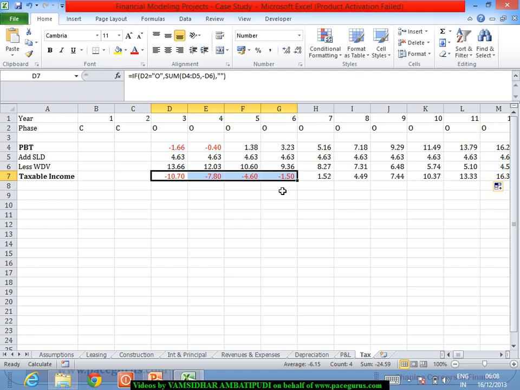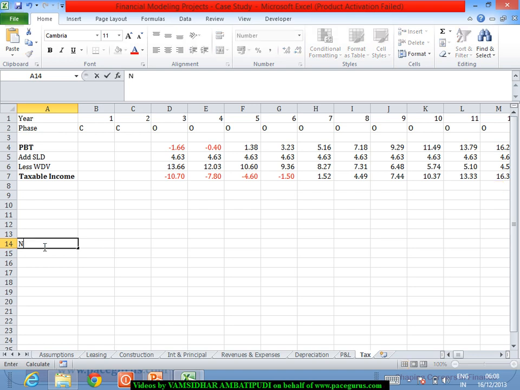So probably the way I would like to look at it is, I will create a few instances here talking about net or cumulative taxable income.